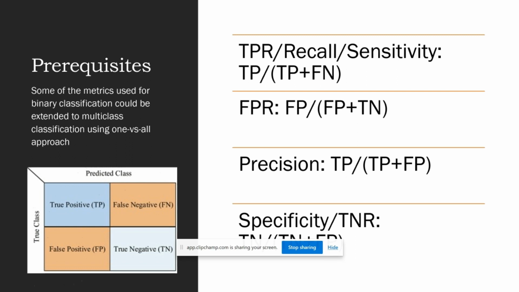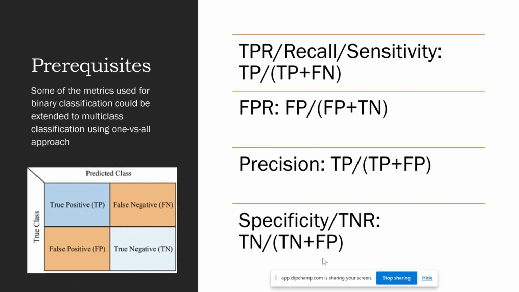On the other hand, a class which is actually positive but predicted to be negative is a false negative instance, and a class which is actually negative but predicted to be positive is a false positive instance. So now you understand the terminologies: true positive, true negative, false negative, false positive. Using these four terminologies, we will frame our other terminologies: TPR, FPR, precision, specificity or TNR.